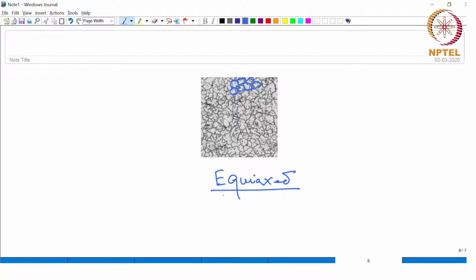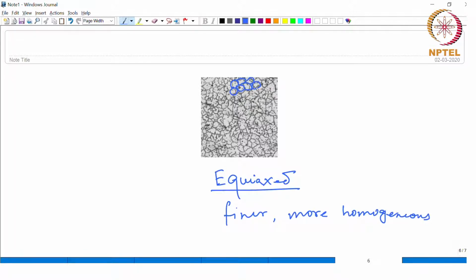And here the grains are also finer and more homogeneous, because the segregation problem that you had in case of the dendritic structure can be minimized here, since those interdendritic regions or those dendrite arms themselves are not present in this case, right.